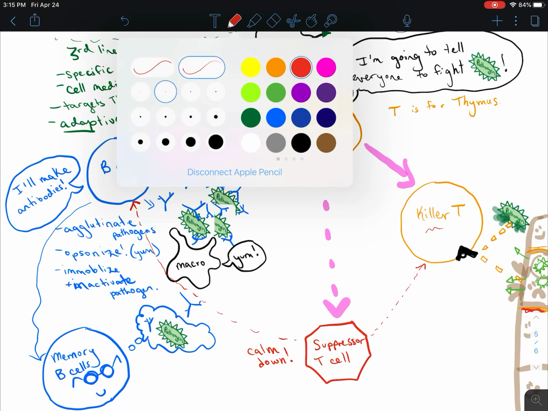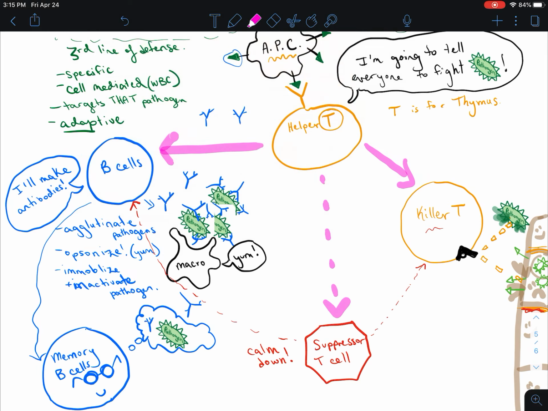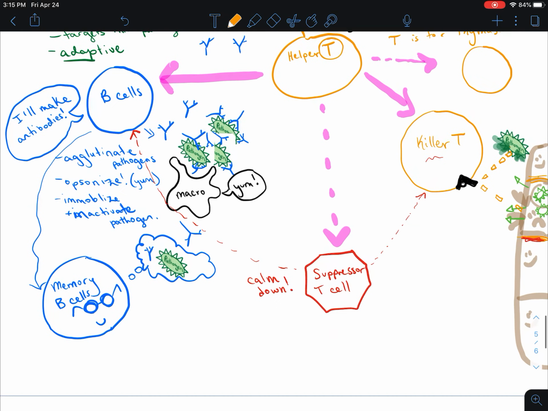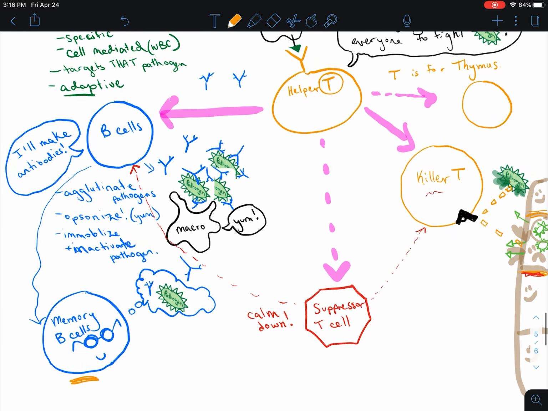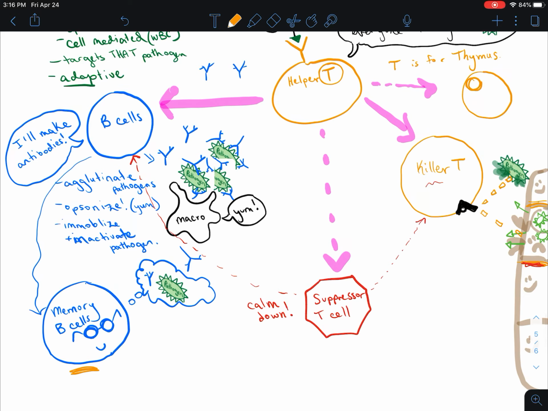Okay, one very last thing that I mentioned a little bit is that once this response is totally solved, these helper T cells can become memory cells as well. Just like this smart memory B cell here, that's always going to remember the pathogen, we can have some helper T cells that become memory T cells.